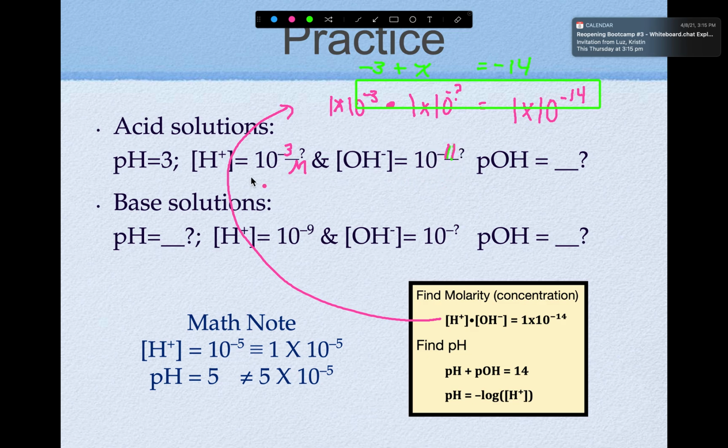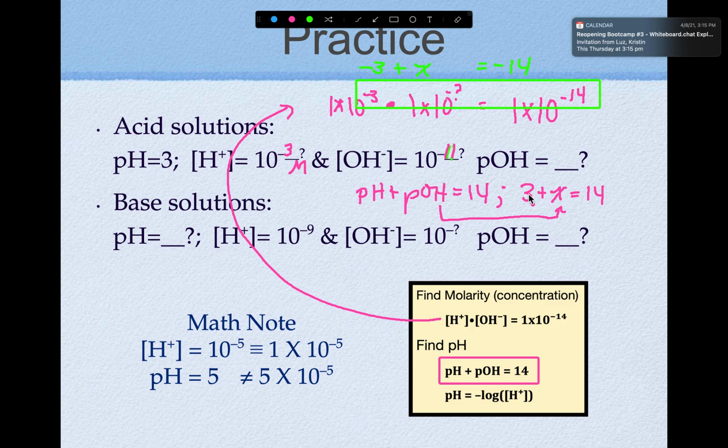And then there's another relationship down here that we haven't looked at before. And that is pH plus pOH equals 14. So we'll work that one out right here. So pH plus pOH equals 14. And my numbers are 3 plus x, I don't know what pOH is, equals 14.